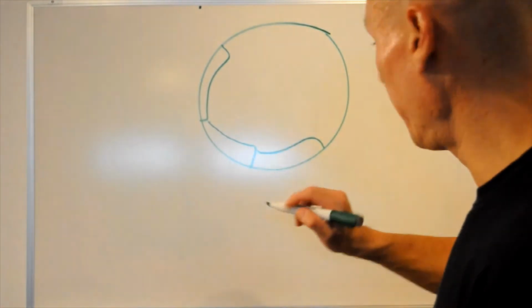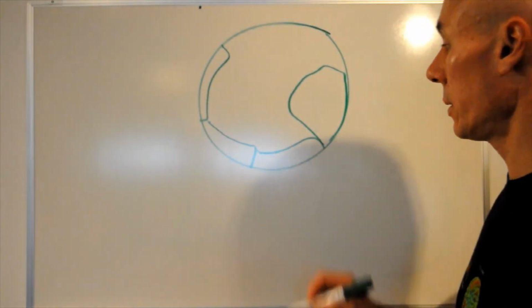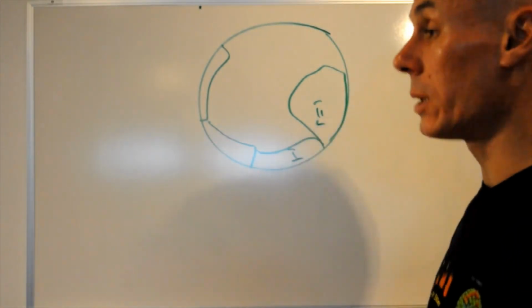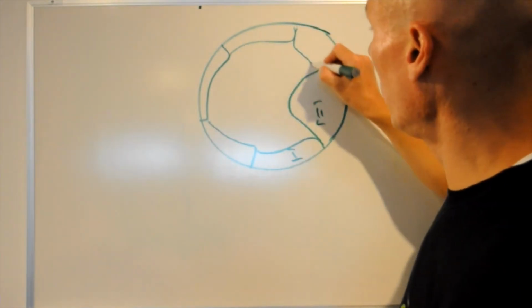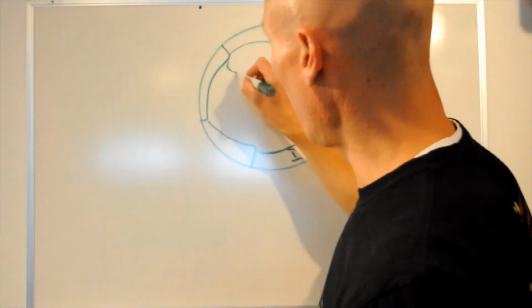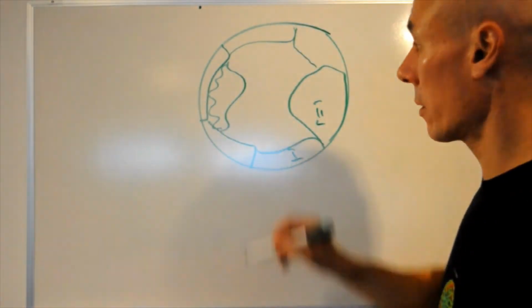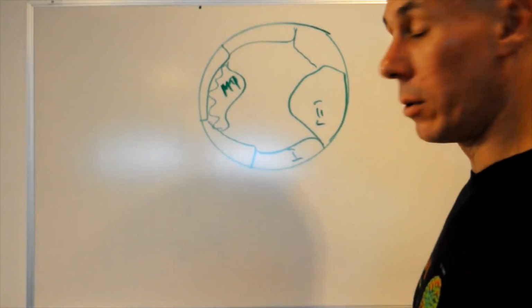We'll get back to the function. Then you have type 2 alveolar cells, so that's type 1, that's type 2. Type 2 alveolar cells produce surfactant, they're more cuboidal. And also on the surface of the alveoli, you may have an alveolar macrophage, which removes the debris from the alveolus.